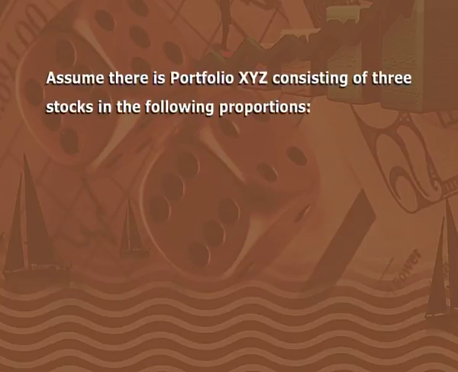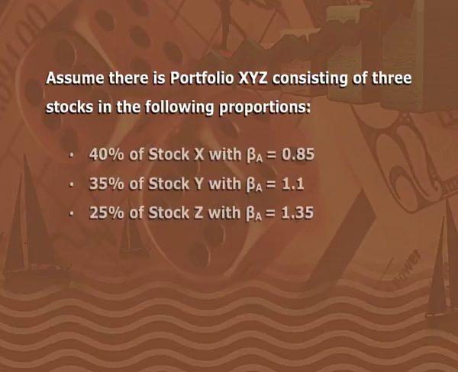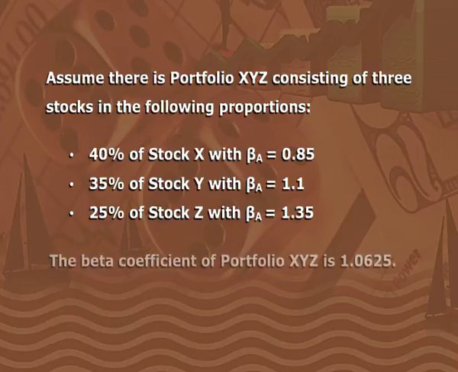Assume there is a portfolio XYZ consisting of 3 stocks in the following proportions: 40% of stock X with beta equal to 0.85, 35% of stock Y with beta equal to 1.1, 25% of stock Z with beta equal to 1.35. The beta coefficient of portfolio XYZ is 1.0625.